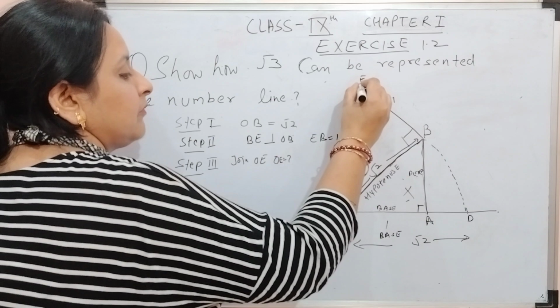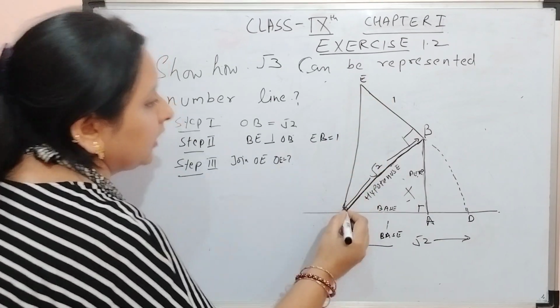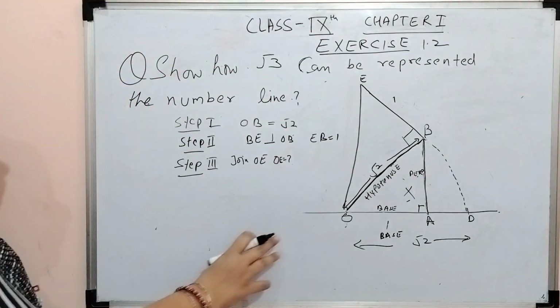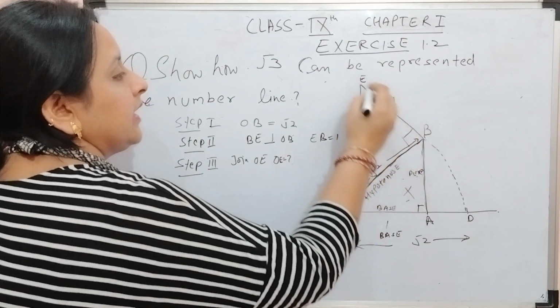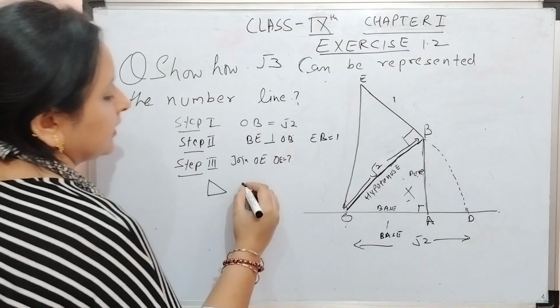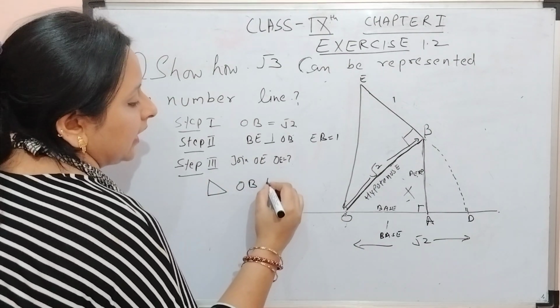Once we join OE, we will get a new right angle triangle OBE.